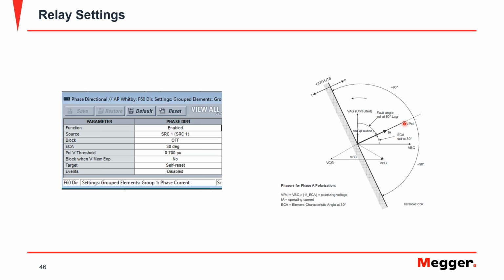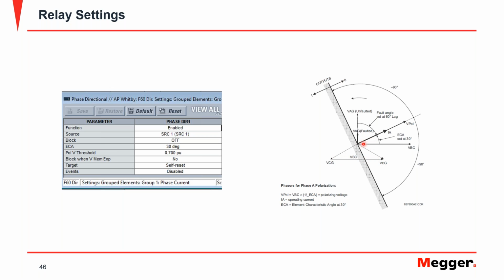But in this case, notice that this is actually the correction angle that you use in order to position your polarizing voltage, which in this case, and by now I hope you are able to identify, is VBC, the voltage between phases B and C. See here, they calculated VBC.